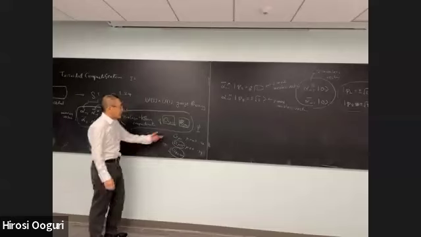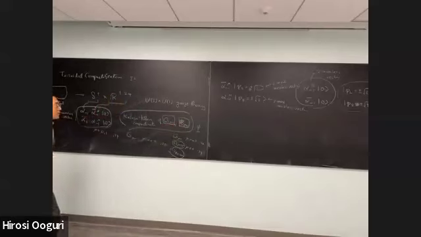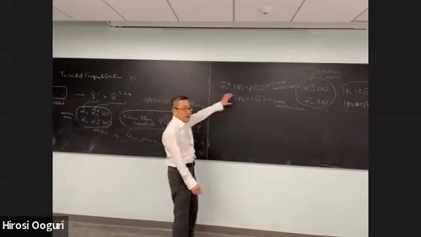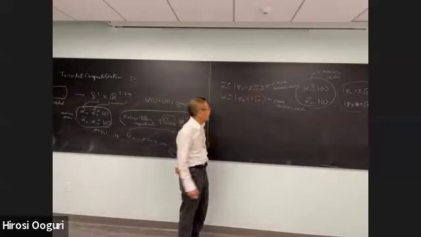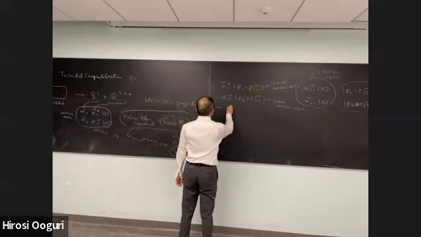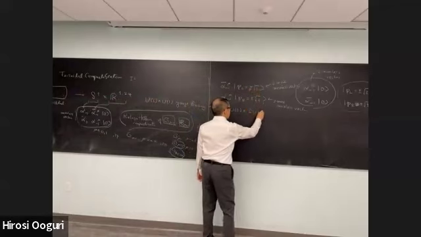You have 2 U1 gauge theories because you have G mu nu and B mu nu. Now this gauge symmetry is enhanced because you have 4 more gauge fields. So it turns out that this symmetry is enhanced to SU2 cross SU2.